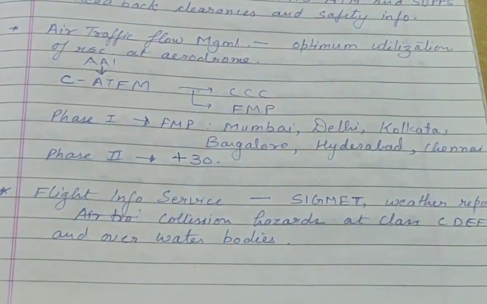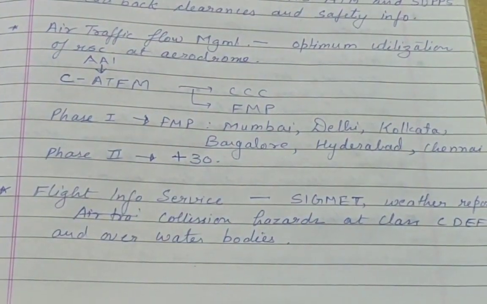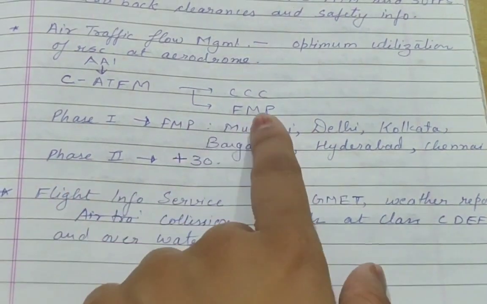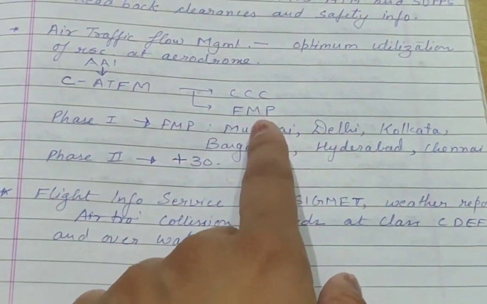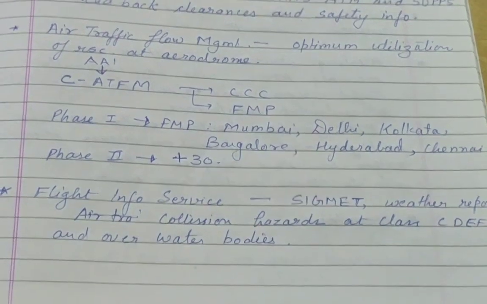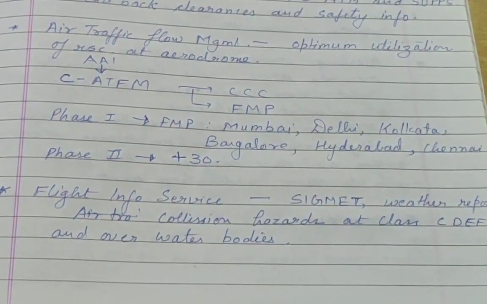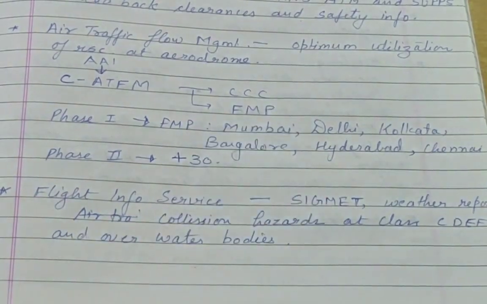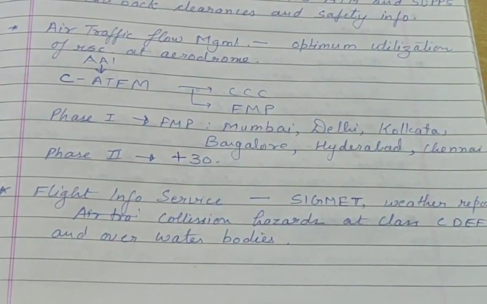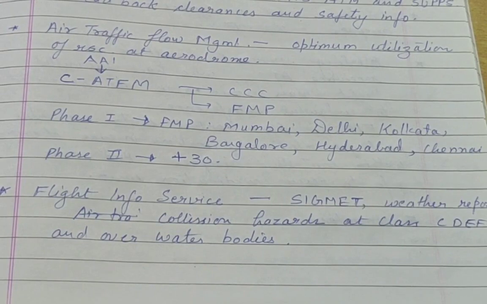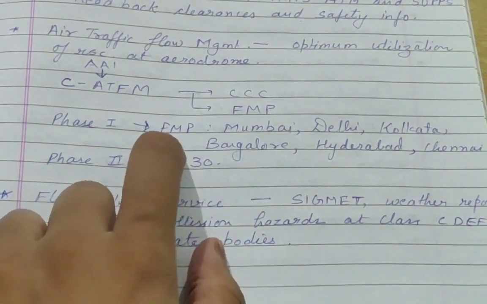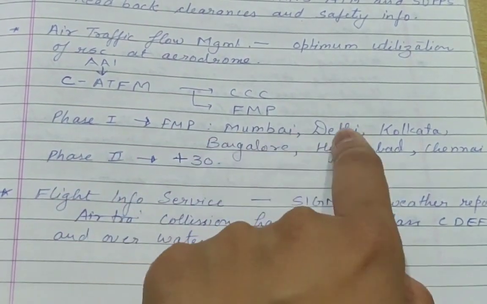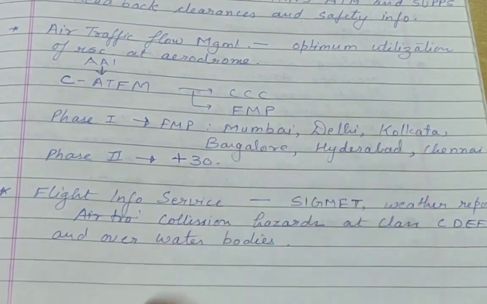This is again divided into two parts, which is CCC. This stands for Central Command Center, and this is in Delhi, and it is supported by Flow Management Positions, FMP. So in phase 1, they have appointed 6 FMPs, which are in Mumbai, Delhi, Kolkata, Bangalore, Hyderabad and Chennai.